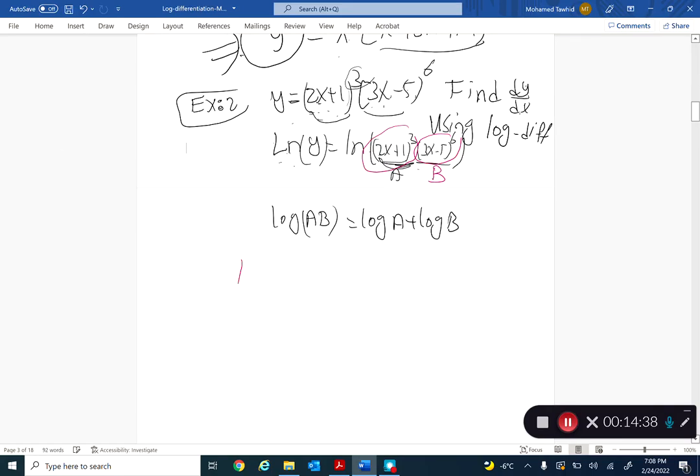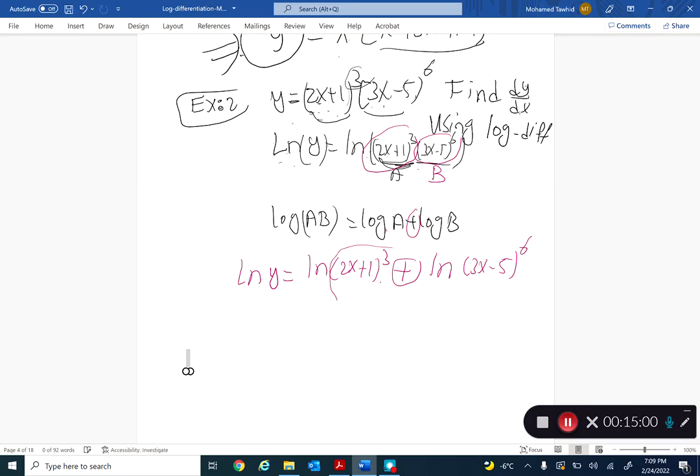So it will be ln y equal to ln (2x plus 1) to the power 3, plus ln b, which is ln (3x minus 5) to the power 6. So I use log of A multiplied by B, it will be log A plus log B.